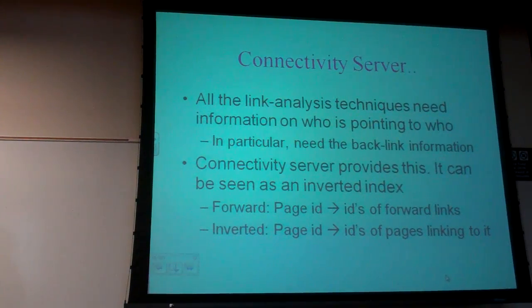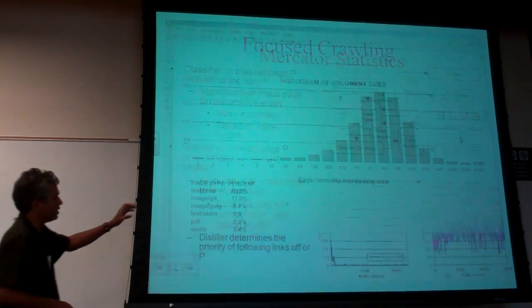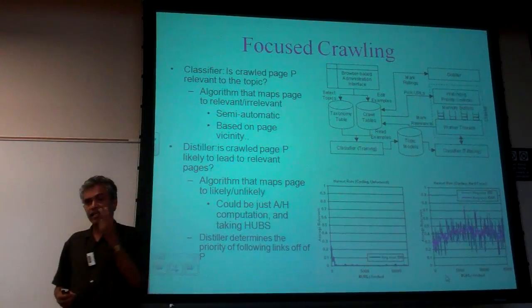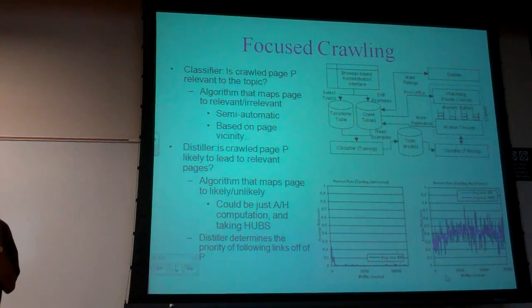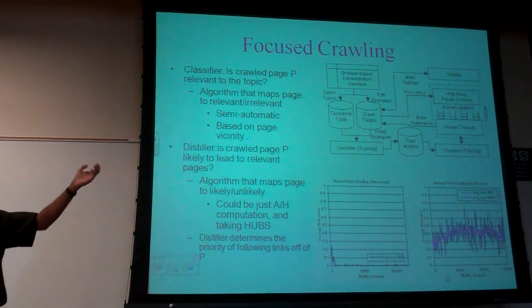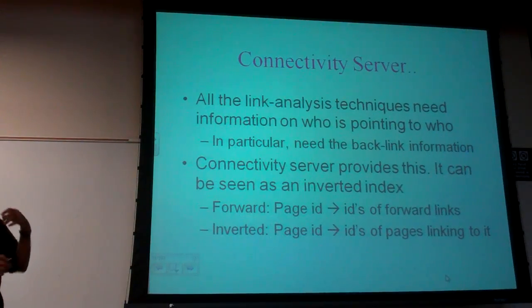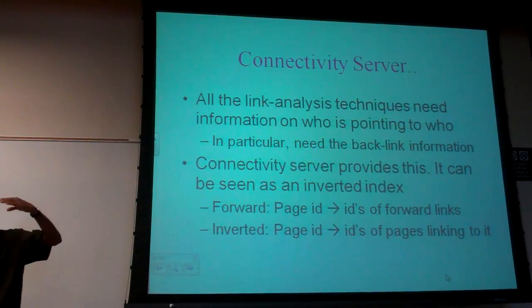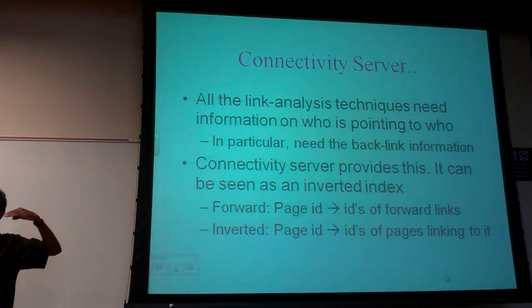Once you do crawling, at least two things are done after the crawling. One is indexing, and the other is the computation of the connectivity server, which is also an inverted index, which basically says, given a URL, what are all the other URLs from where there are links to this URL?